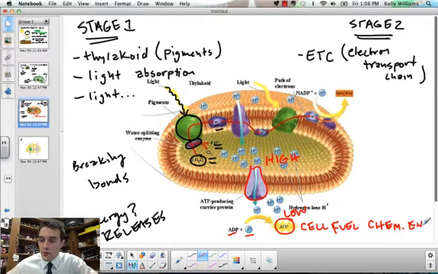So that's one part of the electron transport chain in stage 2. The other part is this electron here starts to kind of rapidly move through certain areas of the thylakoid membrane, certain enzymes of the thylakoid membrane, and eventually another pigment where it becomes re-energized.